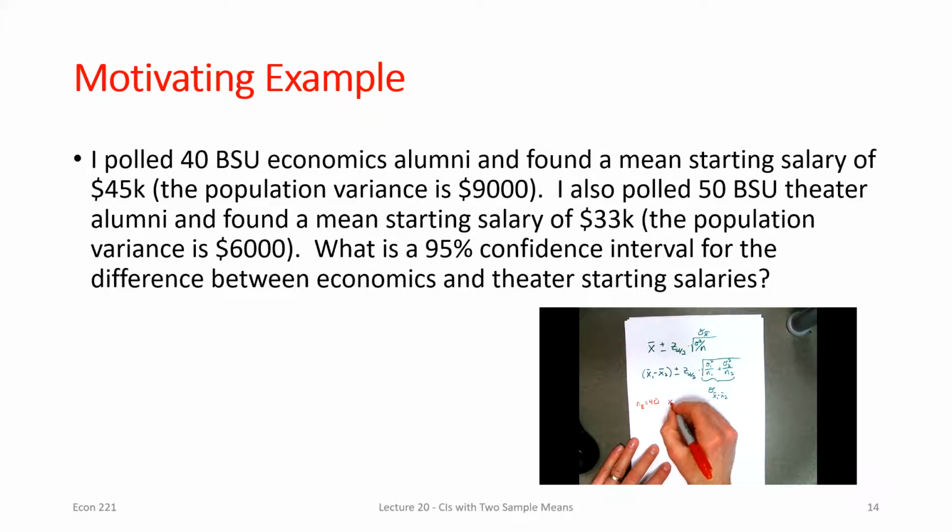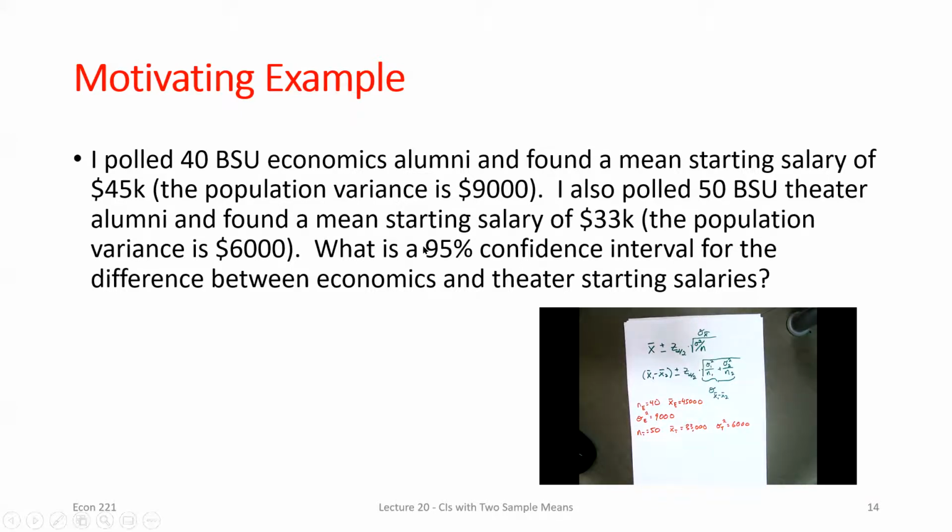I find a sample mean for these econ majors of 45,000, and I have this known population variance for econ majors of 9,000. Theater majors, I've got 50 of those. Their starting salary I found was 33,000, and the variance given to me for their population variance was 6,000. So I'm just writing down what the problem is giving me here.